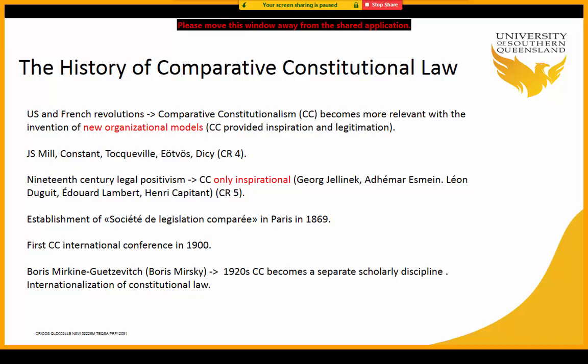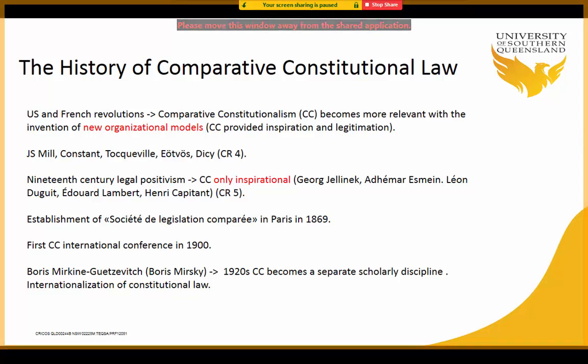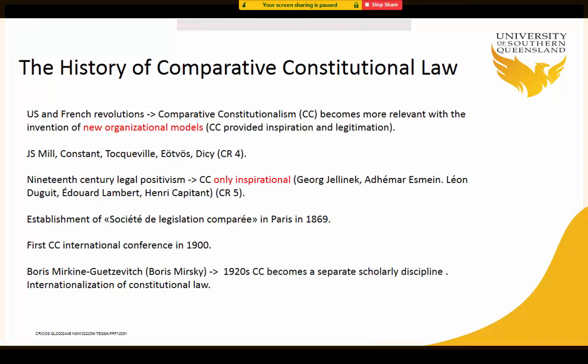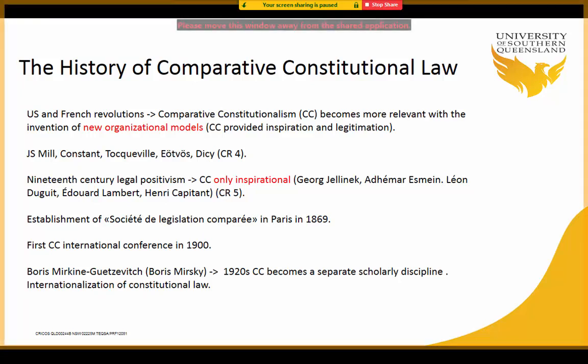And because it's legal positivism, what does that mean? It means that what's law is what is decided at the end of the day by the people, by society. So how come my society has anything to do with what's happening in the Netherlands, for example, if they decide to legalize euthanasia?